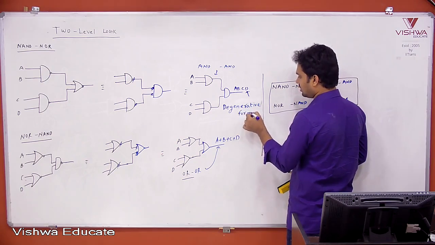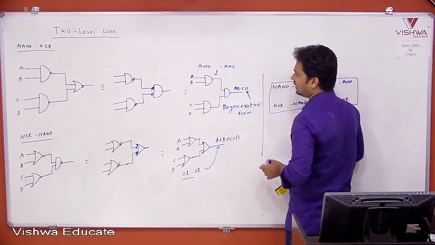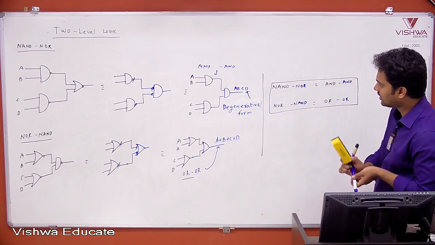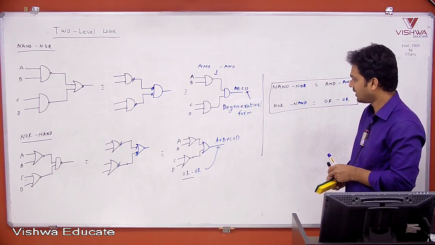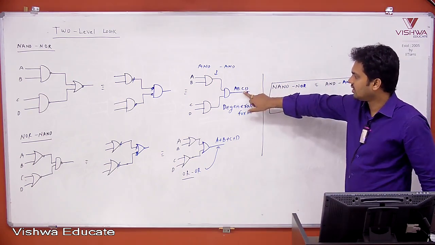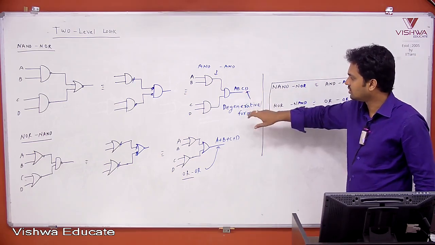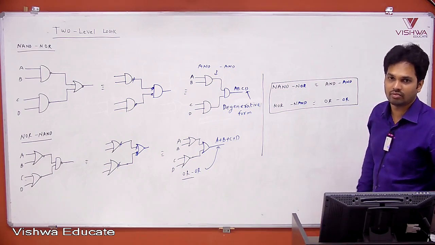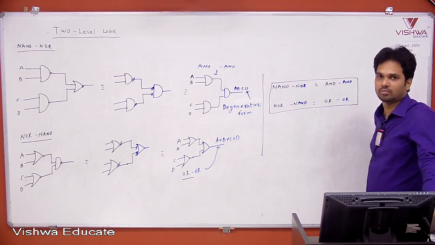Which of the following is called degenerative form? Means single term. Here you can observe all have multiple terms. Only NAND NOR has a single term in the expression, A, B, C, D. This is called degenerative form. So NAND NOR expression will give you degenerative form. Copy it.